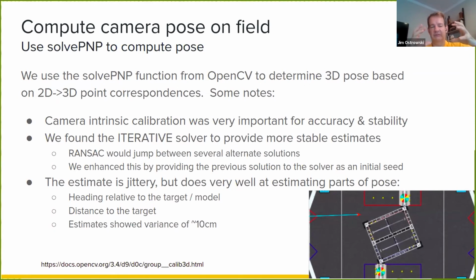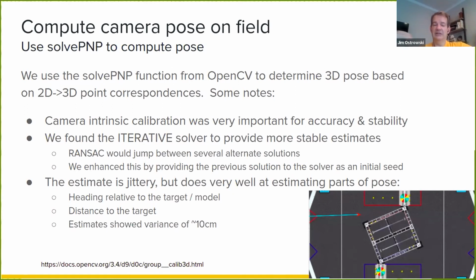But what we found was that the estimates that came out of RANSAC tended to jump around a fair bit. So we moved to just an iterative solver, which we found provided pretty stable estimates. We also found that it's really important to provide the previous estimate as a seed that helps guide the solver to the right place. And so that was just something to note.